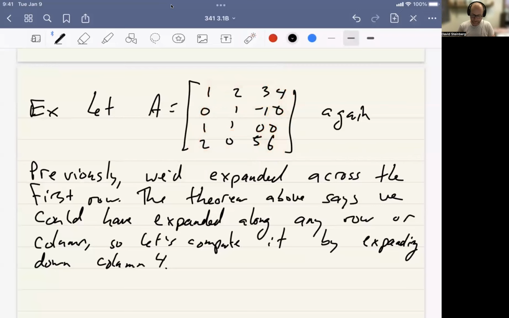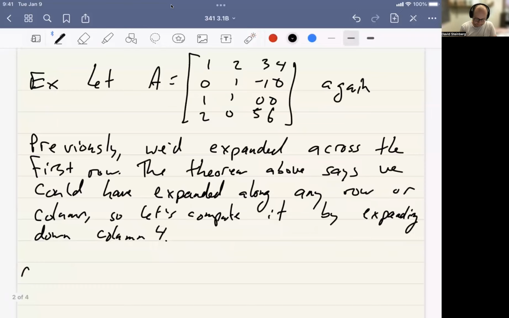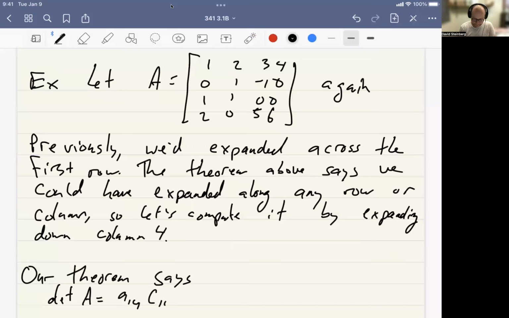Okay. Our theorem says the determinant of A should be equal to A14 C14. We're going to work down this column. So this is A14, and then this is C14, or plus or minus the determinant of that.